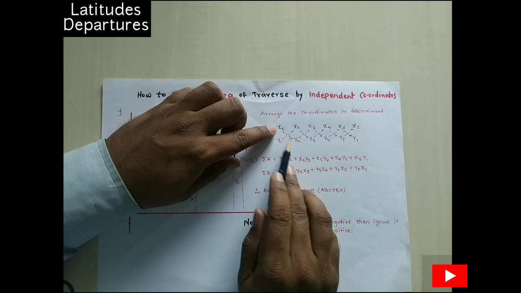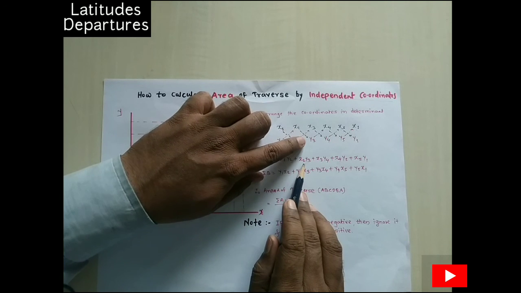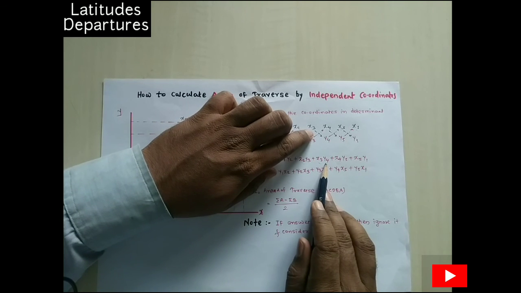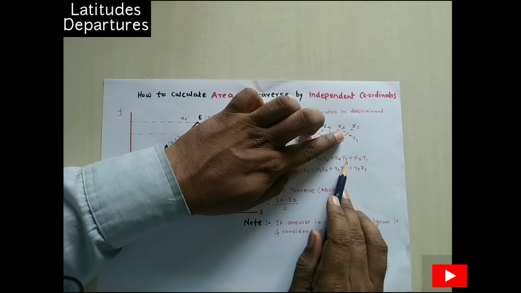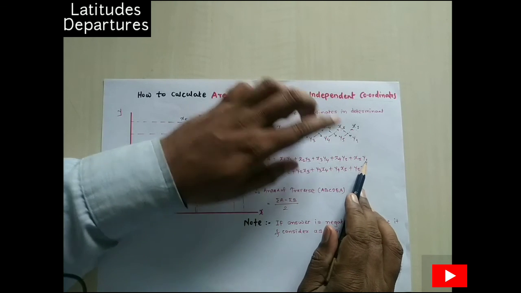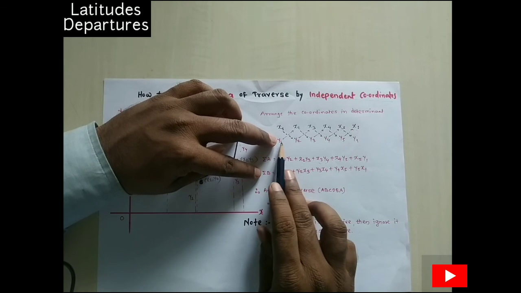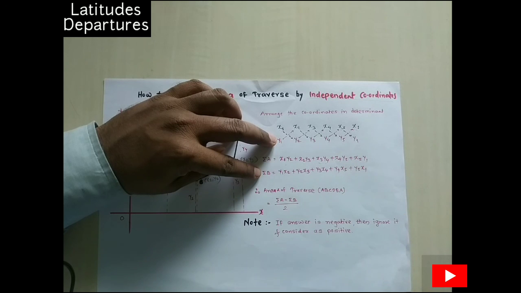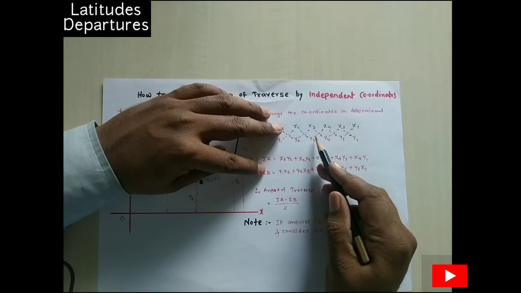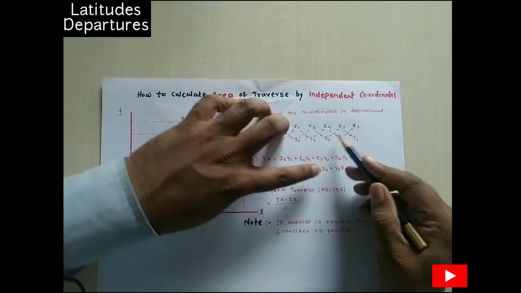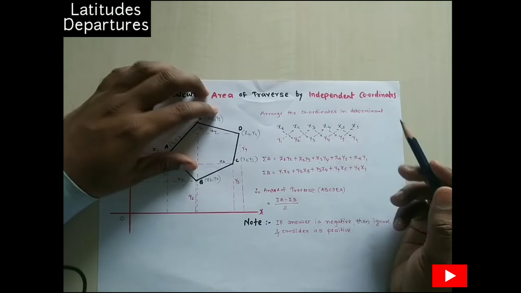So x1 y2 plus x2 y3 plus x3 y4, it is the multiplication, plus x4 y5 plus x5 y1 again. Similarly summation B is the sum of the products in the other direction: y1 x2 plus y2 x3 plus y3 x4 plus y4 x5 plus y5 x1.